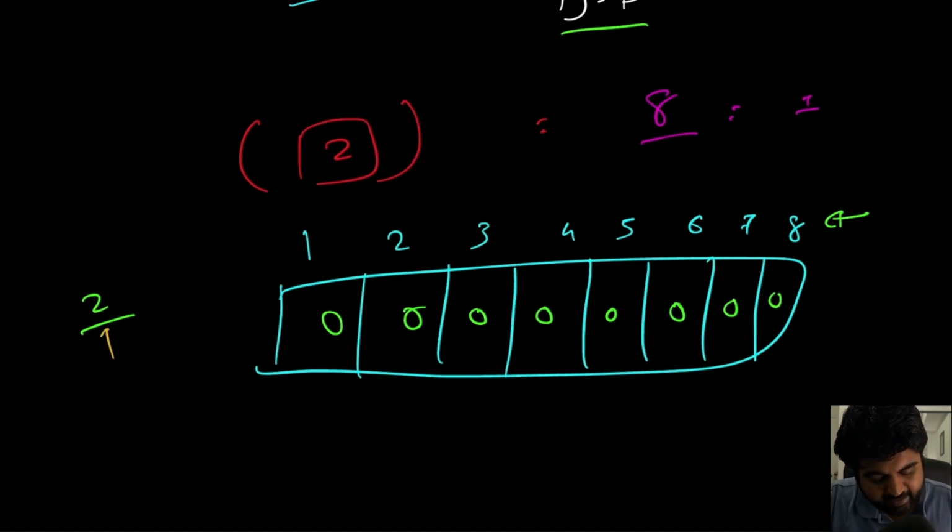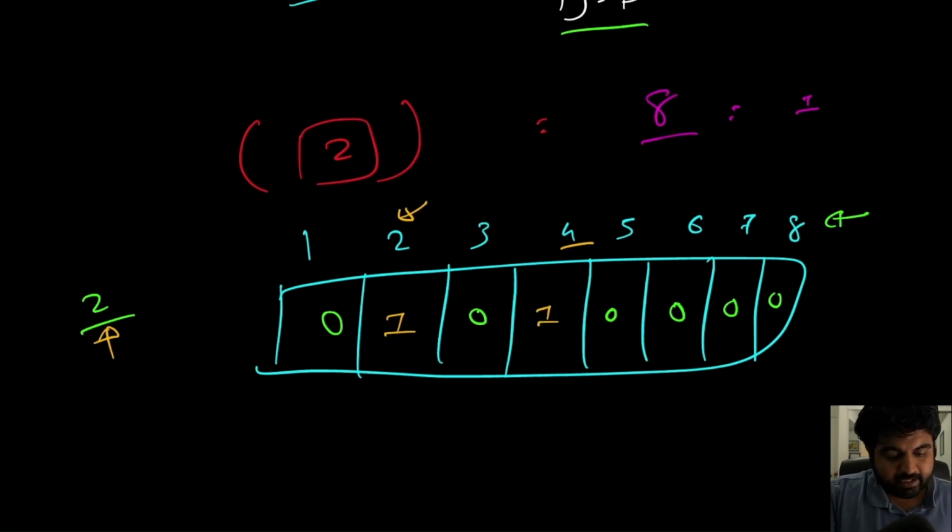Now I know for a fact that if I have coin 2, I can always make value 2. So I can simply mark this value as 1. Now I also know for a fact that I can generate amount 4 using coin 2. So let me also mark this value as 1 as well. And now let's do a recap.